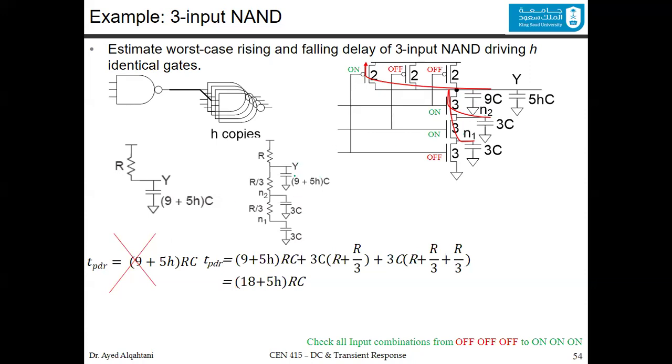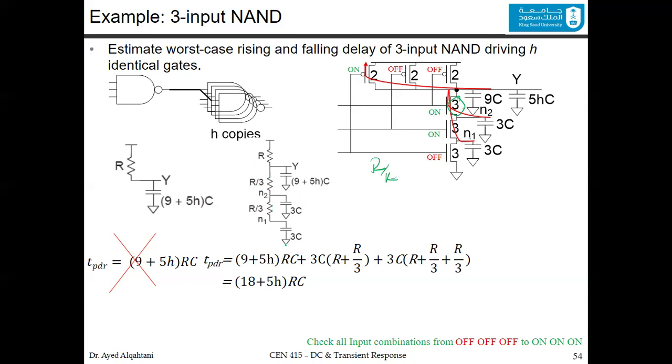The first one is 9 plus 5H C, and you have the resistance R that you already have. The second path, which is from N2, is 3C, moving through this resistance here, and then another resistance here. Now, what's the value here? The value here, we find it's R. The value here is R over K, and the value of K is equal to 3, so it's R over 3.